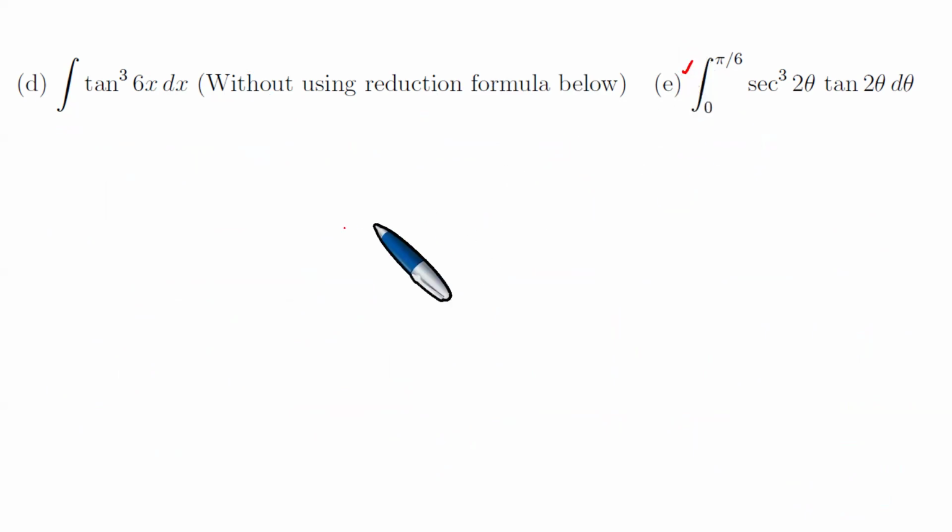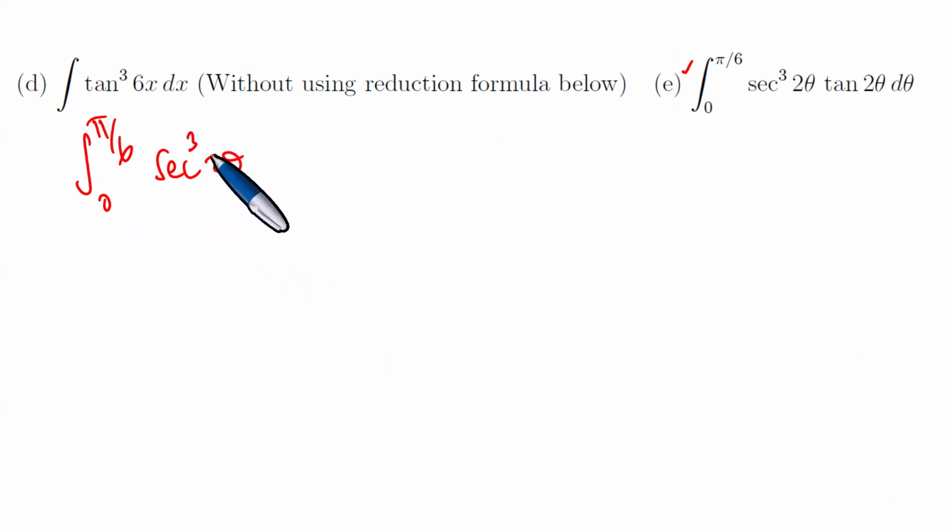Okay, we're looking at E now. The integral from 0 to pi of 6 secant cubed of 2 theta, the tangent of 2 theta d theta. And I want to do this one. To do this particular problem is the same as what I was saying now.